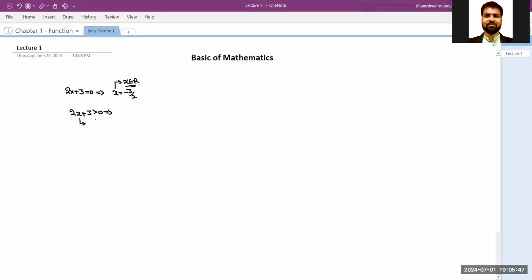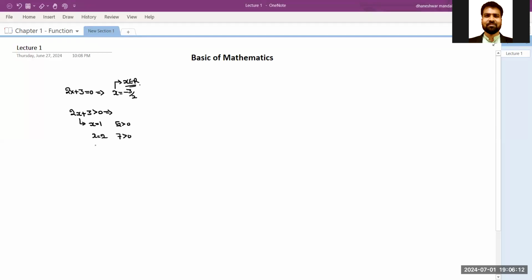of x are there. If I put the value of x as 1, then I get 5, which is greater than 0. Also, if I put x = 2, then the value of this expression is 7, which is also greater than 0.